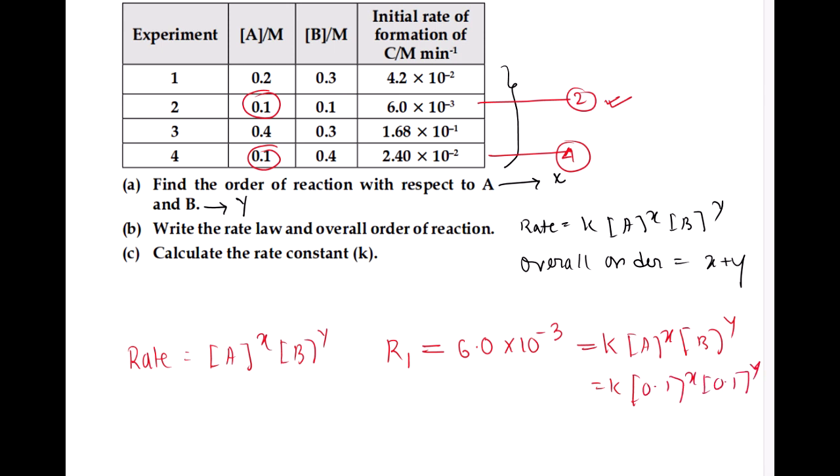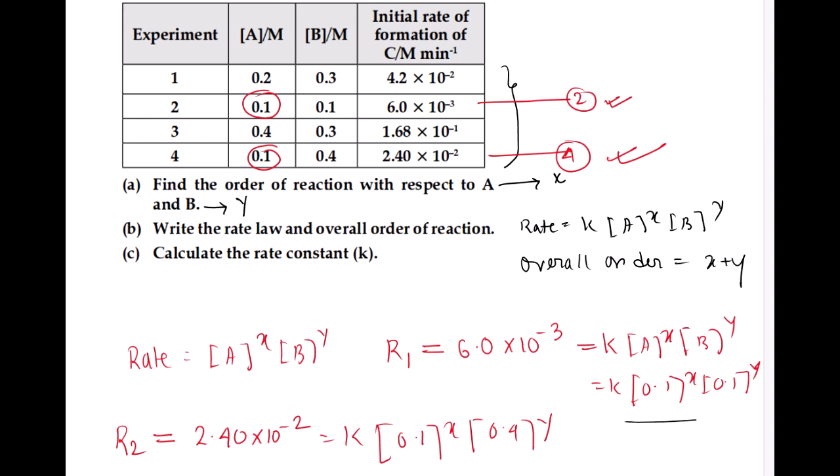Then next, go for the rate of equation 4. I have written here R2 equals 2.40 into 10 to the power minus 2, that will be equal to the rate constant into 0.1 for X and 0.4 for Y. Let's put that one as equation 1 and this one as equation 2.